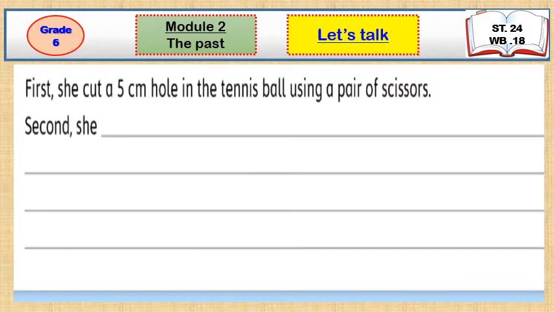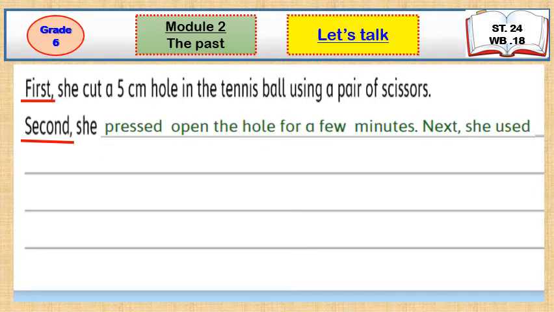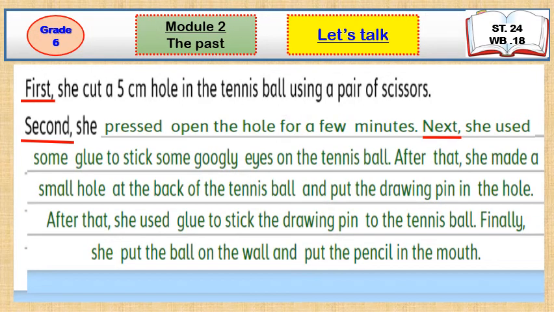We begin with first. She cut a 5 centimeters hole in the tennis ball using a pair of scissors. Second, she pressed open the hole for a few minutes. Next, she used some glue to stick some googly eyes on the tennis ball.